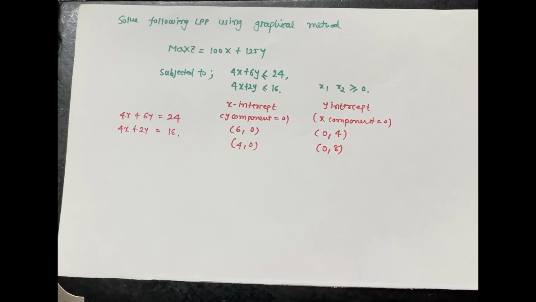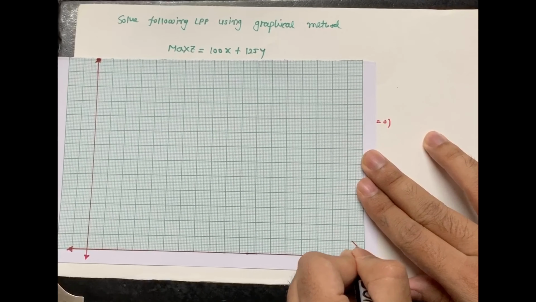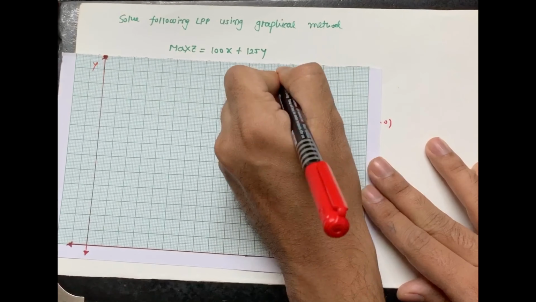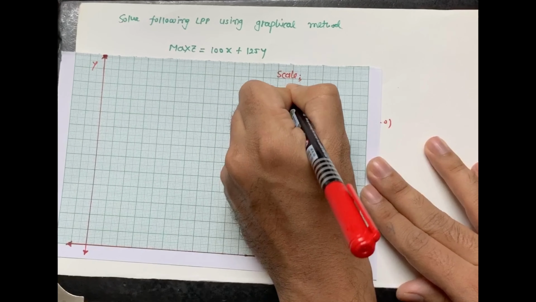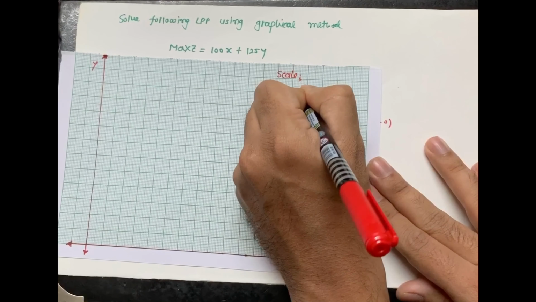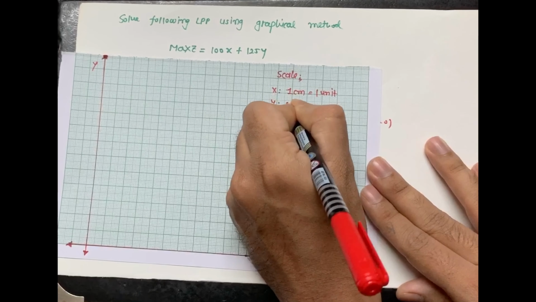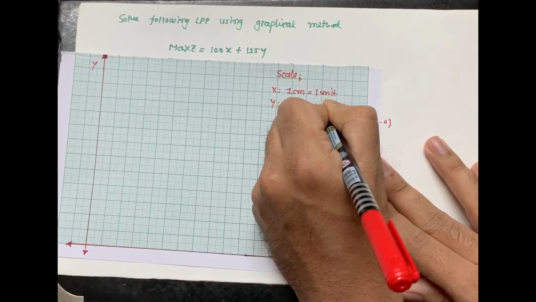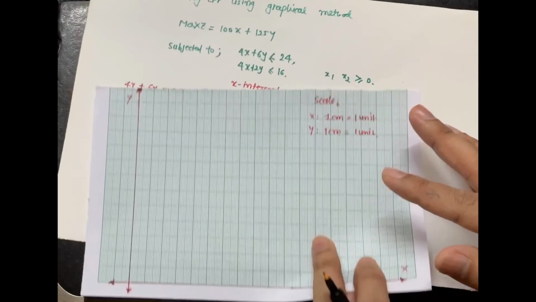Now we require to represent these lines in a graph. So x-axis, y-axis. The scale I am taking here on the x-axis is 1 centimeter equals 1 unit, and on the y-axis again 1 centimeter equals 1 unit.